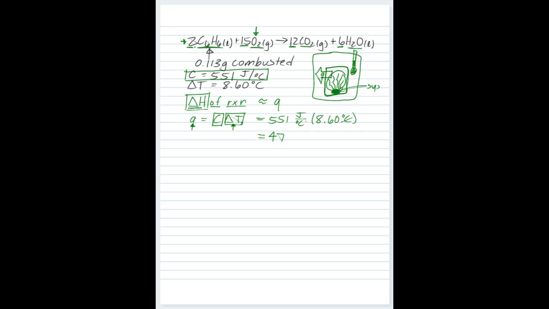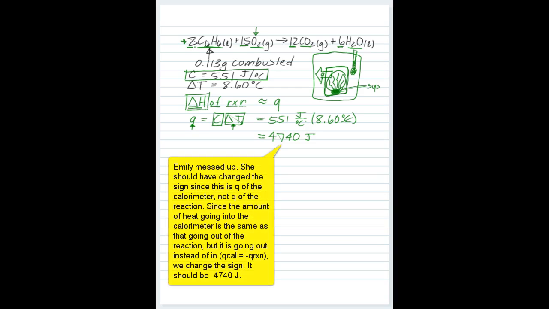And what we get is 4740 joules. I'm going to try to follow my sig fig rules. Sometimes I ignore them just because I like to focus on the concepts, but I know that bugs the heck out of you guys, so I'm trying to be a good model here.